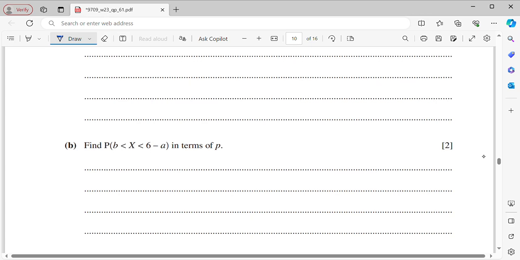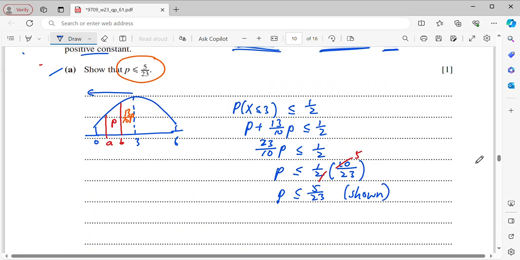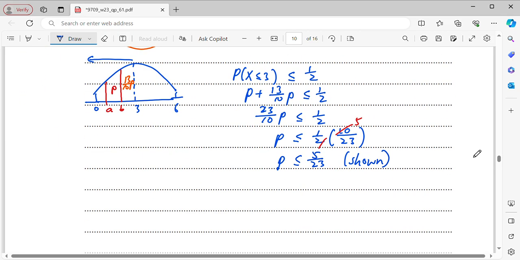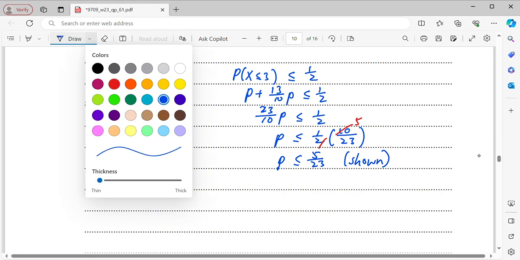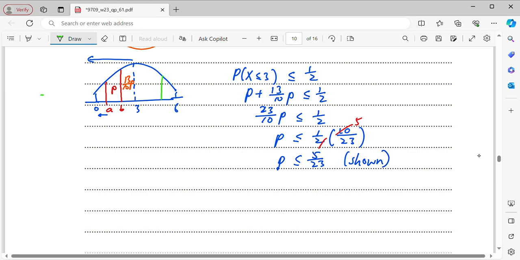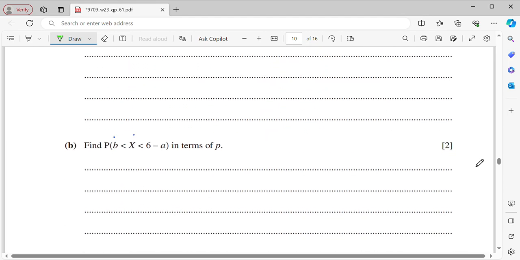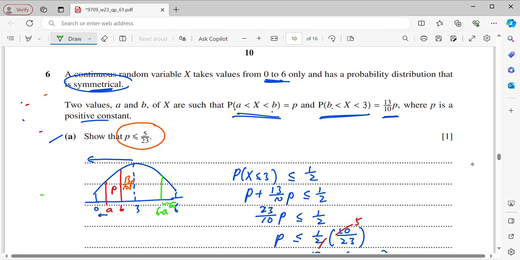Now find the probability that x is between b and 6 minus a, in terms of p. Looking at the graph, this width is a, so this is my 6 minus a, and the region we need is bounded by b and 6 minus a.